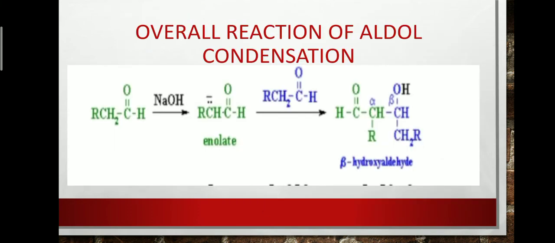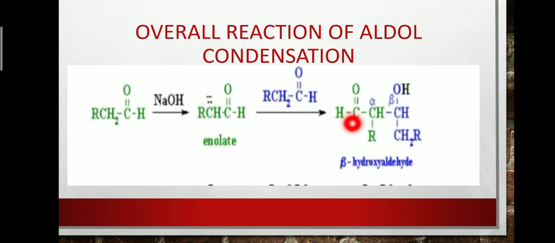And this is the overall reaction of aldol condensation. We are taking an aldehyde which has an alpha hydrogen, which forms an enolate, and this enolate reacts with another aldehyde and forms a carbon-carbon bond, which results in a beta hydroxyaldehyde.